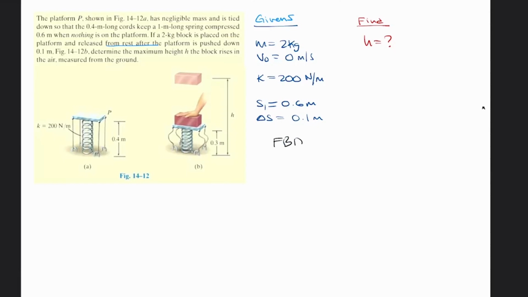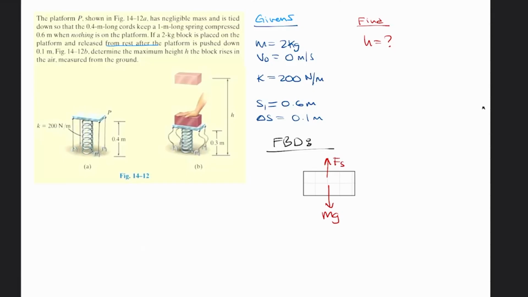All right, so let's do the free body diagram. As always, free body diagram. So we have the block, and we gotta see the block in motion. So what is in the air? The forces that are working on it are of course gravity, and the other force acting on this is the force of the spring that's pushing this thing up.